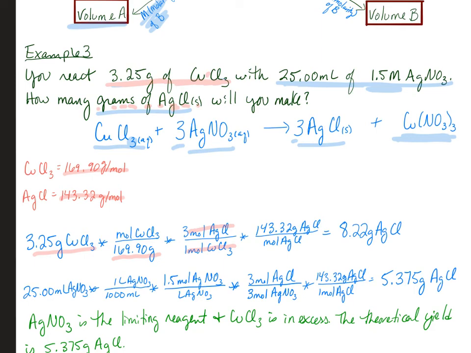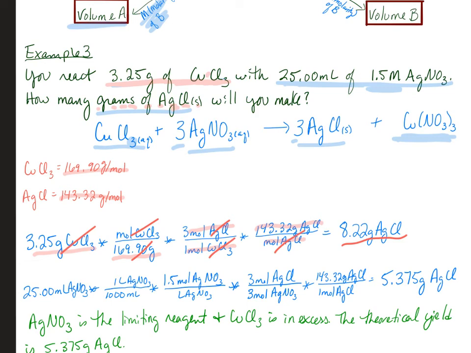And finally, with the molar mass, we go into grams of AgCl. Now, keep in mind, and I haven't shown you this along the way, but all of these things should cancel out when you're done. And so if you have 3.25 grams of CuCl3, that should give you, in theory, 8.22 grams of AgCl.